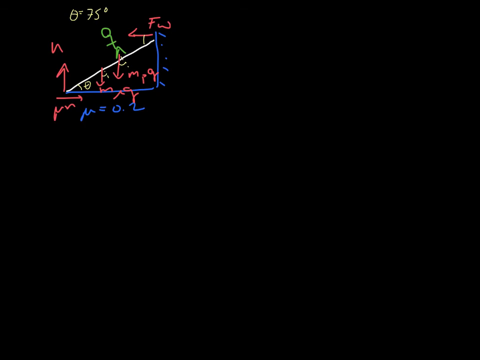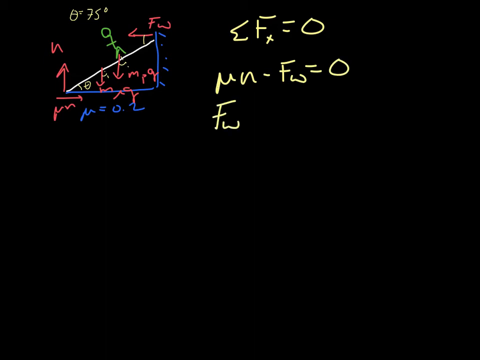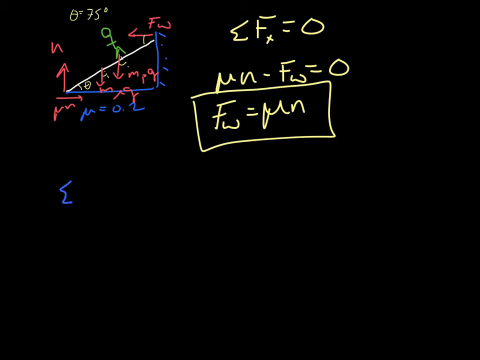And just like we start every equilibrium problem, let's start with sum of forces in the x direction equals 0. So this just tells us that mu n minus F wall equals 0, where the force from the wall equals mu times n. Okay, that's great. Now let's do sum of forces in the y direction, which equals 0.